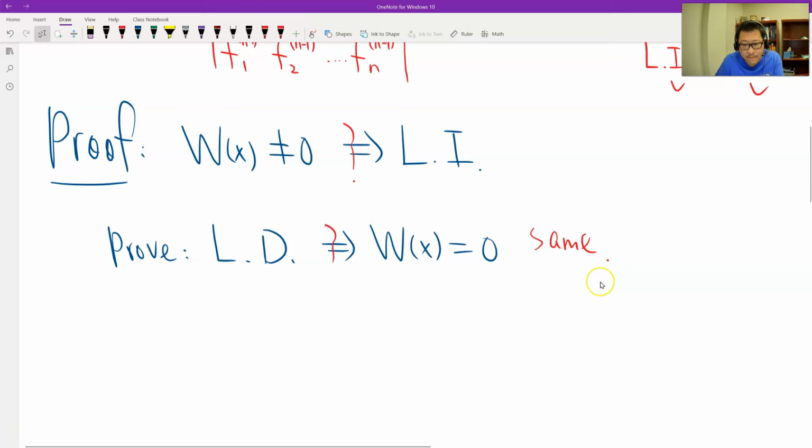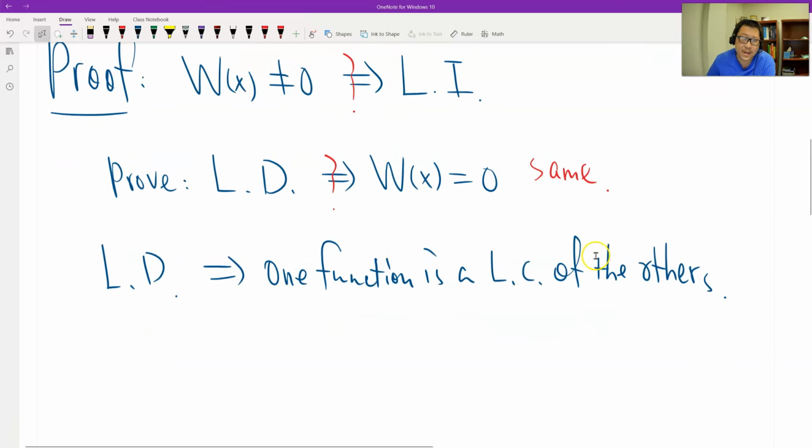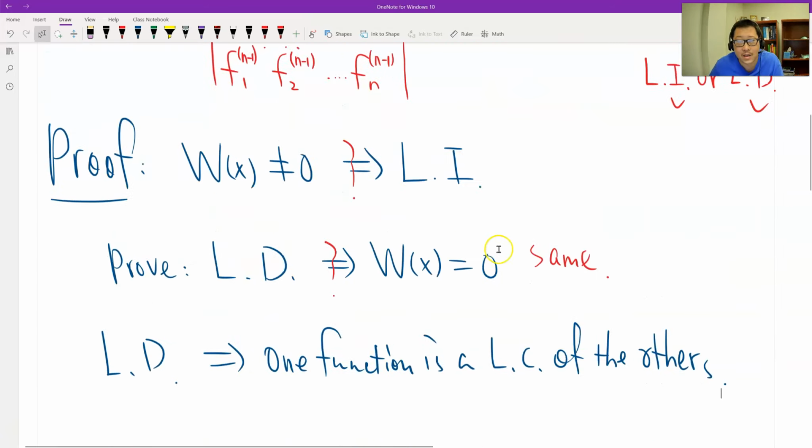Why? This is much easier. If linearly dependent, then by definition at least one function is a linear combination of the others. Starting from here, we will calculate the determinant and show it is zero. So one function, one vector here, is a linear combination of the others.